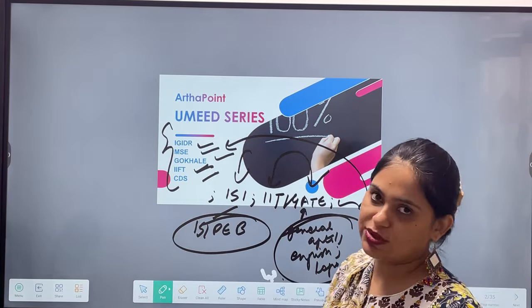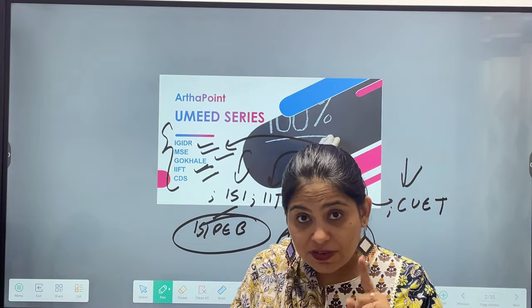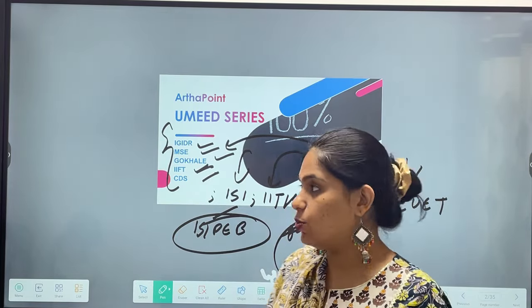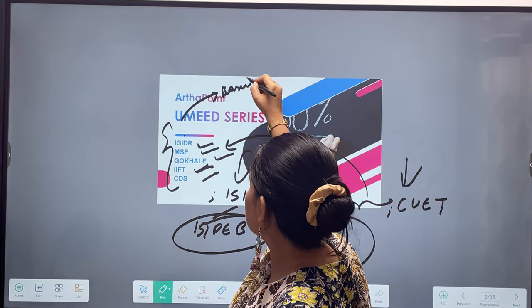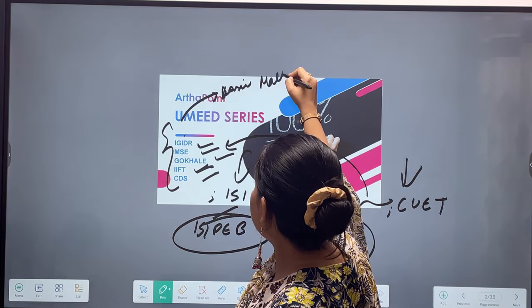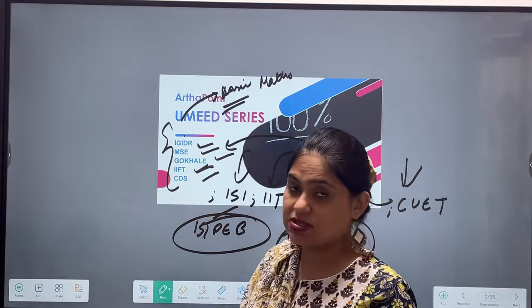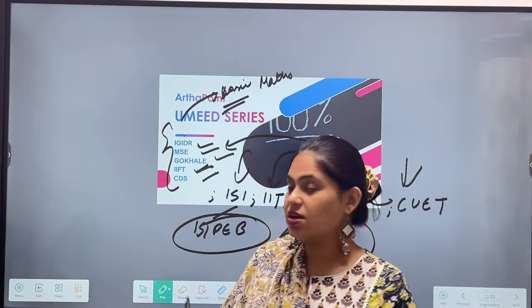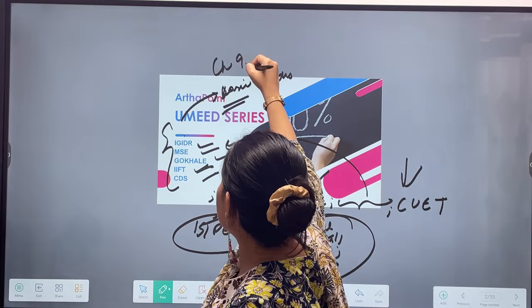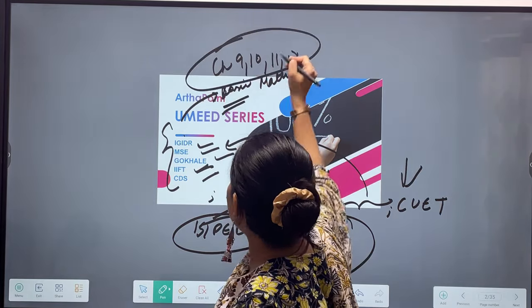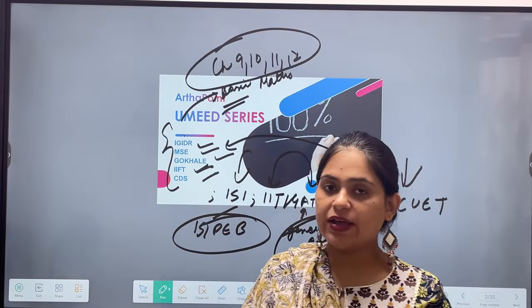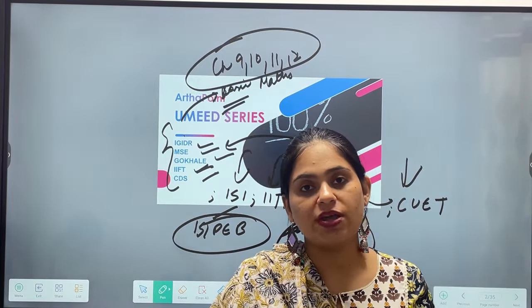Within IGIDR, by the way, you will also be asked to do basic maths question, right? And when I talk about this basic maths, this is class 9th, 10th, 11th and 12th maths, right? You already know I am doing a series with you where I am trying to cover class 11th maths during Mondays.